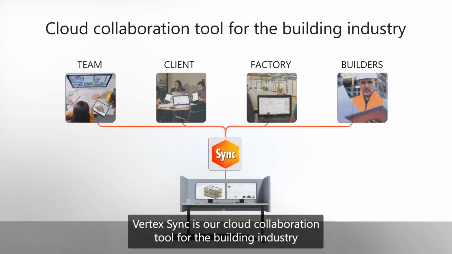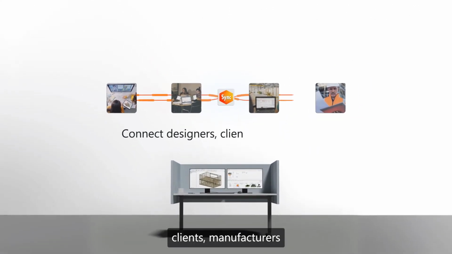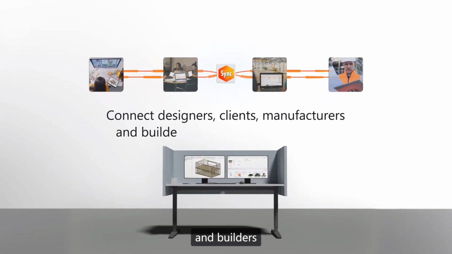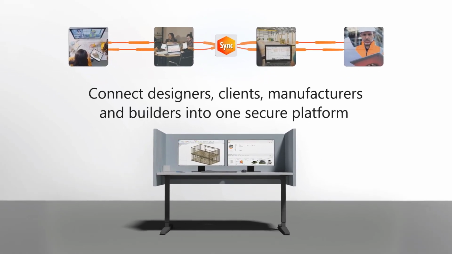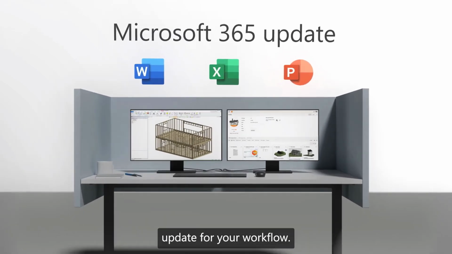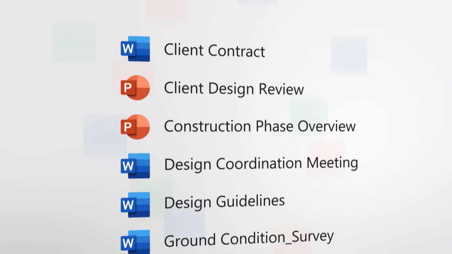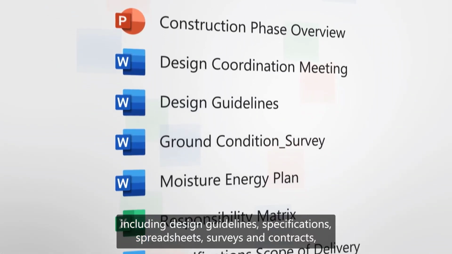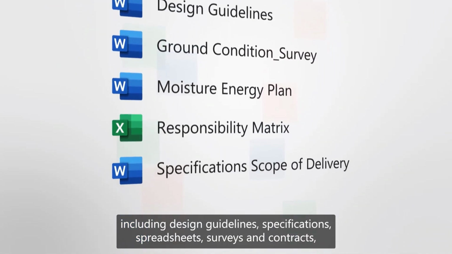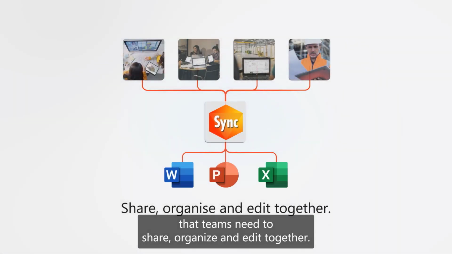Vertex Sync is our cloud collaboration tool for the building industry that connects designers, clients, manufacturers, and builders into one secure platform. Vertex Sync has a new, exciting Microsoft 365 update for your workflow. Building projects usually involve many documents, including design guidelines, specifications, spreadsheets, surveys, and contracts that teams need to share, organize, and edit together.